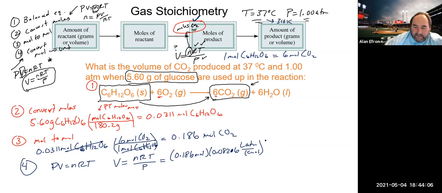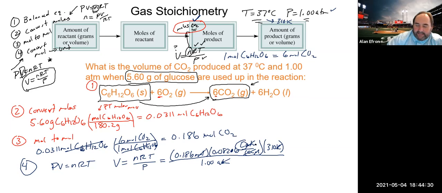Adding the 273 to that, 310 Kelvin, all divided by our pressure, which was also given to us in the problem, which is 1 atmosphere. Again, looking at units, atmospheres cancel, we got some moles to cancel, we got some Kelvin to cancel, leaving us liters, which is really good because obviously we're looking for a volume.